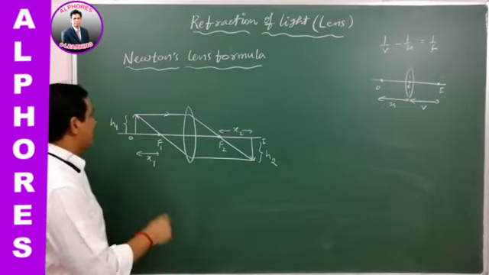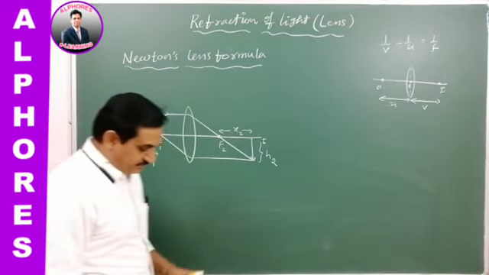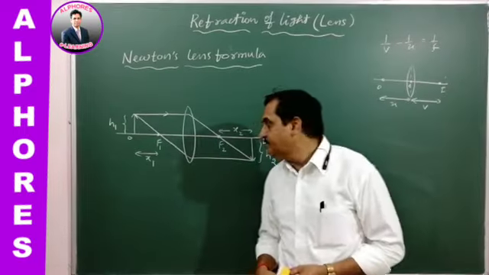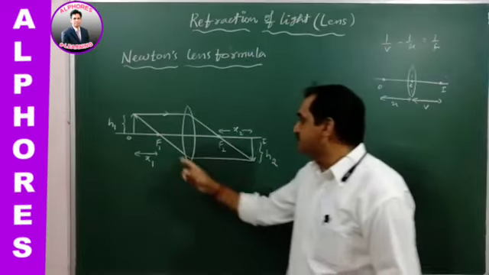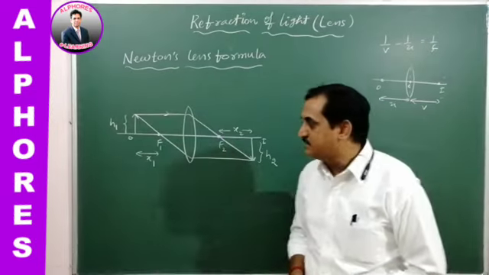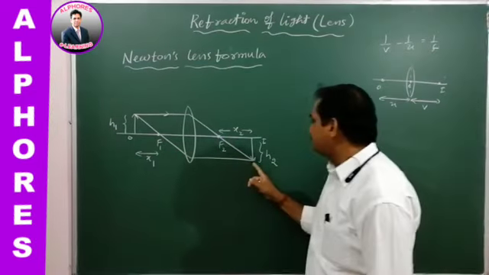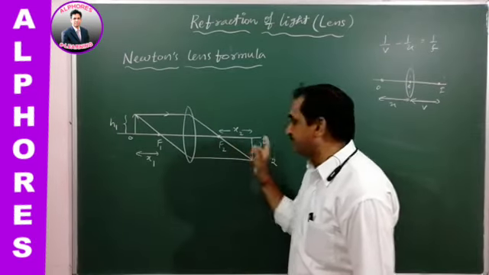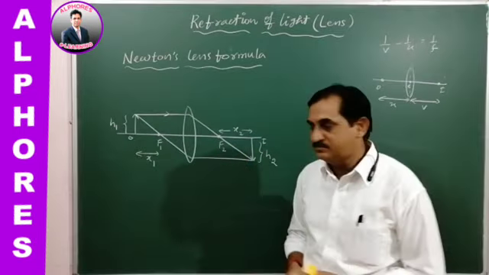Now it's very clear. The object is kept on one side of the lens, its height is h1, and it is kept at a distance of x1 from the first focus point, and its corresponding image is formed on the other side, at a distance x2 from the second focus point of this lens.